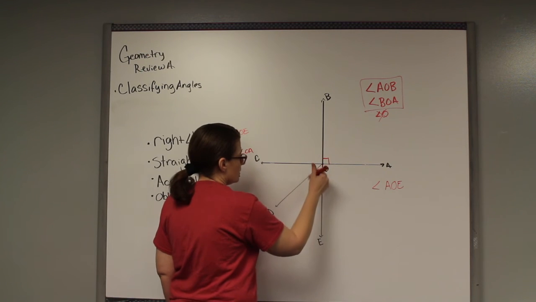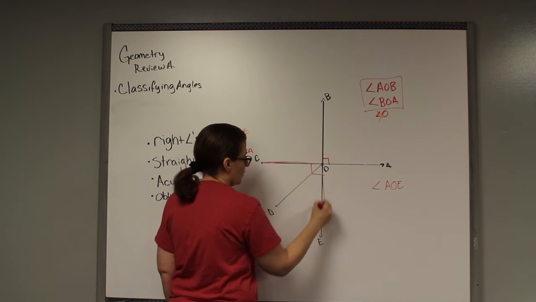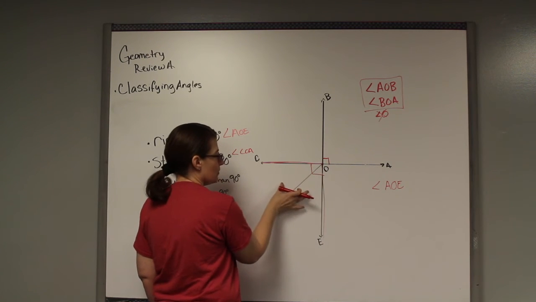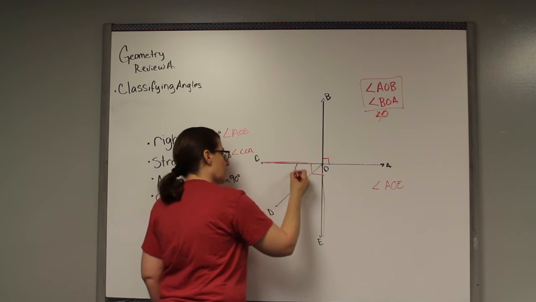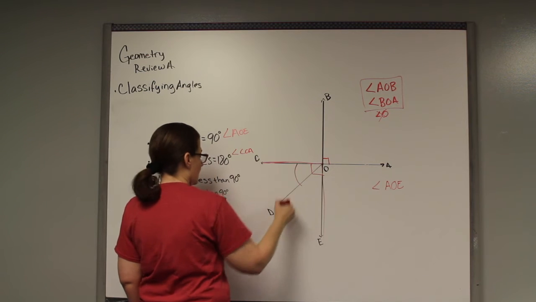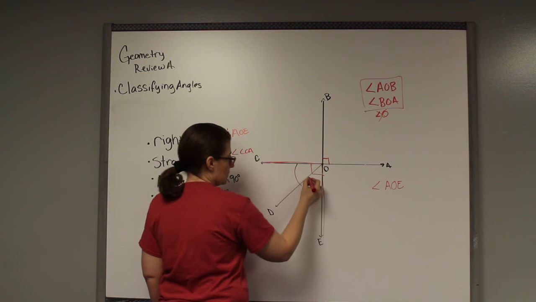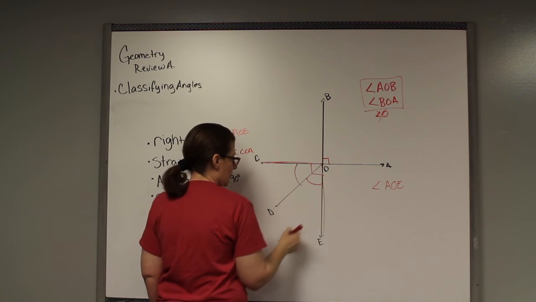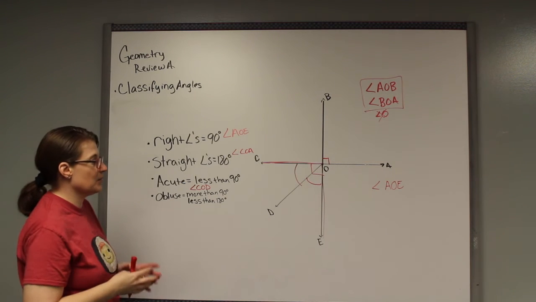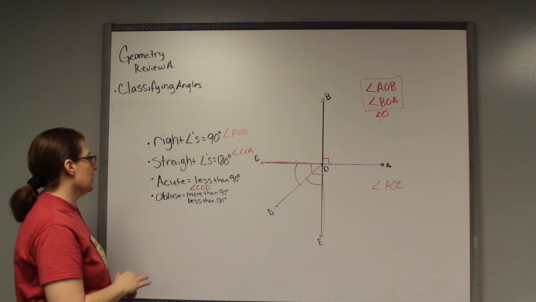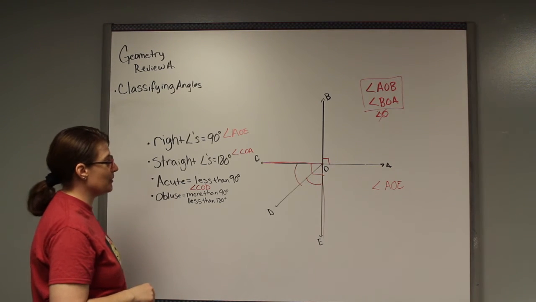When I look in this box, if this whole thing here and here is the right angle, and I split this into 2 different pieces, those add to make 90 degrees. So this one has to be acute, so COD. Or this one has to be acute because DOE is still less than 90 if the whole thing is 90, okay? So that is an example of an acute angle.